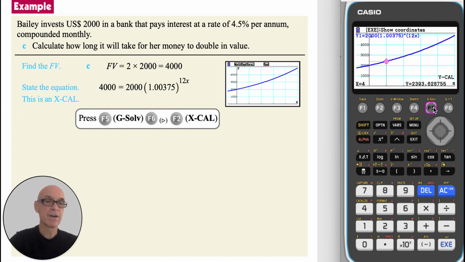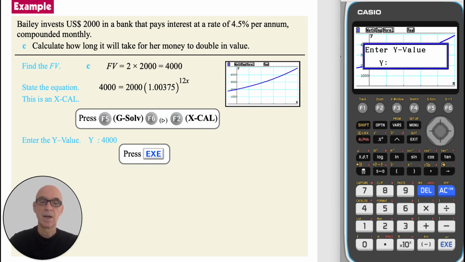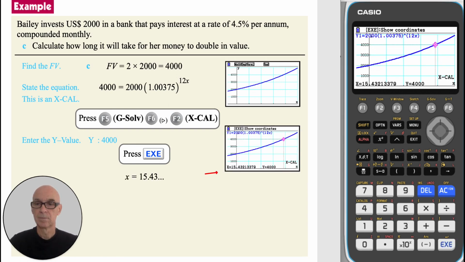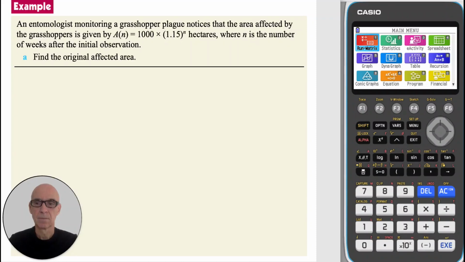Pressing F5, G-solve, F6 to get to the second page of tabs, and F2 for an X calculation. Enter the Y value, 4,000, and press Execute. Write down the value of X. So it will take 15.4 years for Bailey's money to double in value, correct to 3 significant figures.